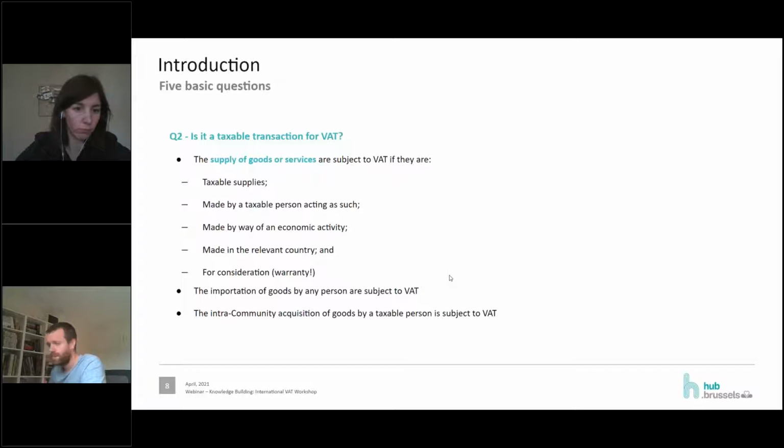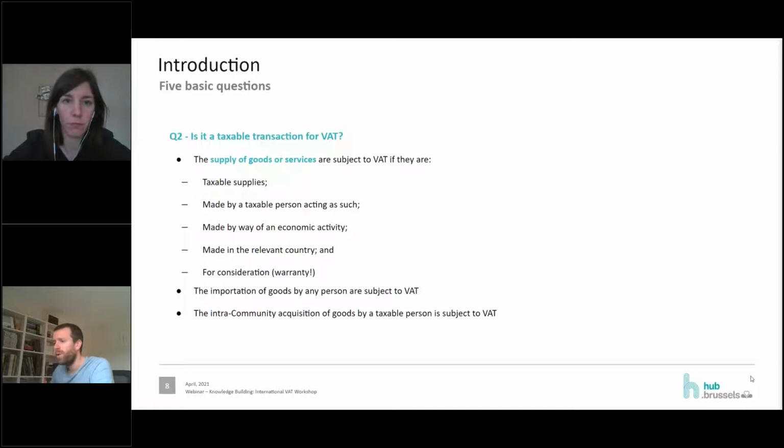Second question: is the transaction actually taxable for VAT, and how can you assess if such a transaction will be taxable for VAT? Well, there are different types of transaction. The first ones, the two most important ones, are, of course, supply of goods or supply of services. And supply of goods or services can be considered differently depending on whether you have such a transaction with a company that is located in Belgium, in another EU country, or outside the EU.